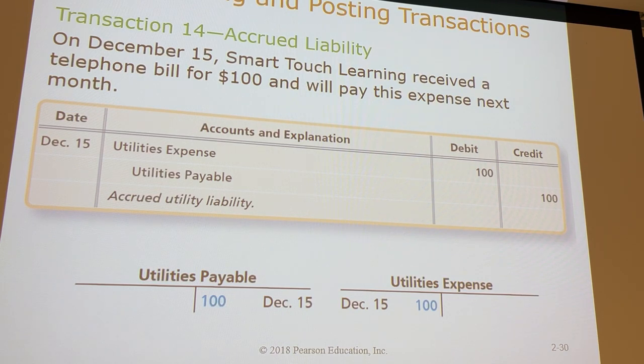So it would probably be better, like they're showing here, to put it into a liability account called utilities payable. So it's the expense account that we're going to debit, utilities expense $100, and then the liability account, utilities payable, will be credited for $100.